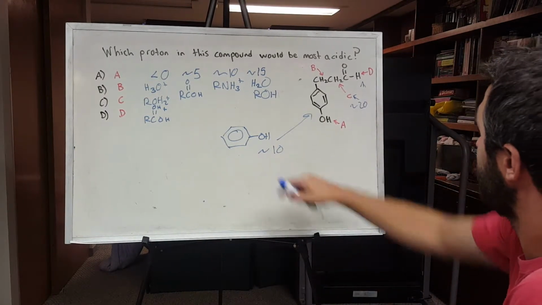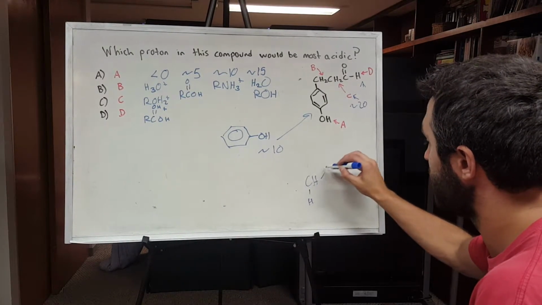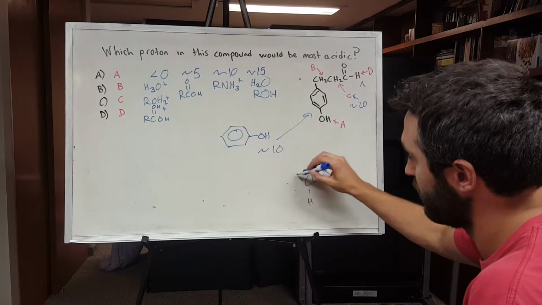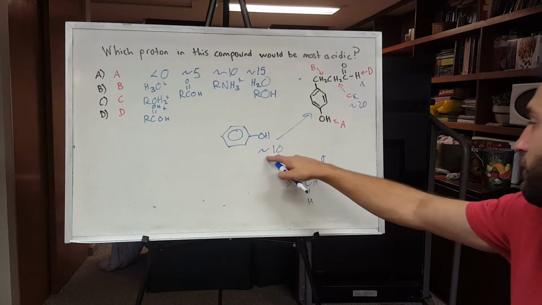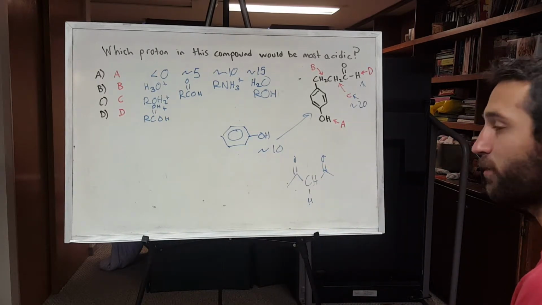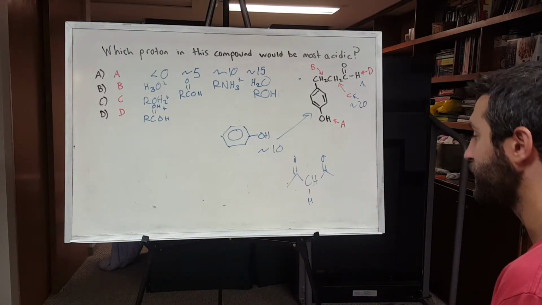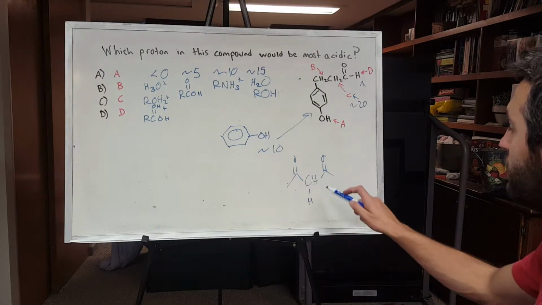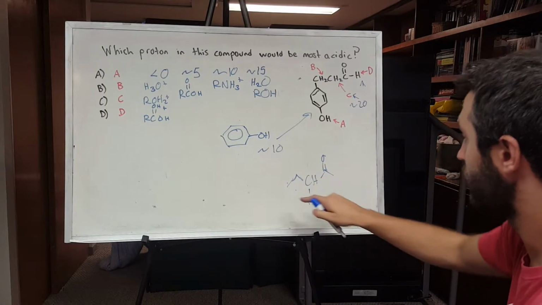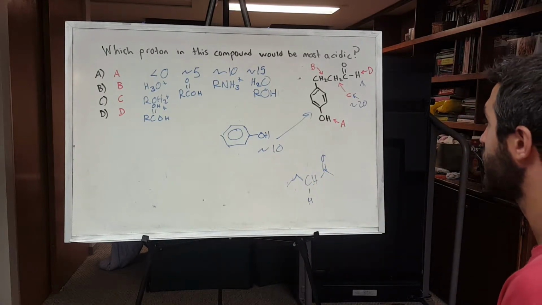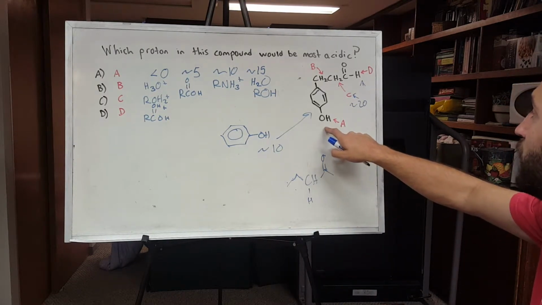You don't get to around 10 until you have a carbonyl group on both sides of this alpha carbon. Once you do, you get around 10, a little more or a little less depending on esters and amides. But if you only have a carbon chain on one side, or an R group that's not really special, it's going to be around 20. So that's definitely below phenol.